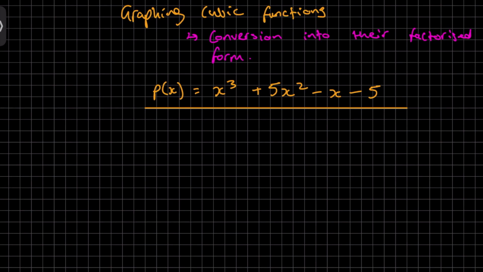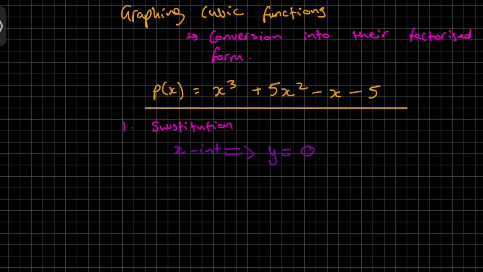Now, the very first thing we do is we try to figure out an x-intercept of this equation using substitution. Now, we know that at the x-intercept of any graph, the y value will always equal 0. So at any x-intercept of any graph, your y value will always equal 0.